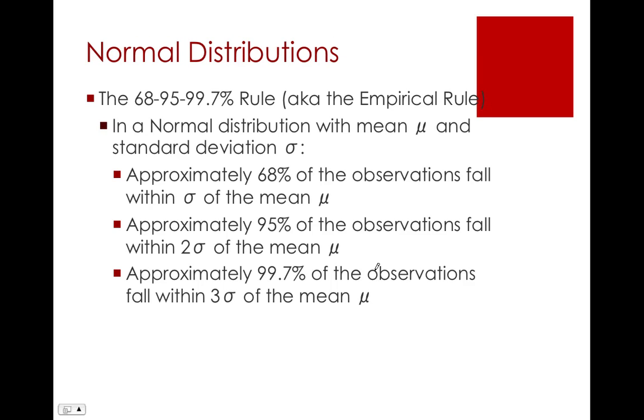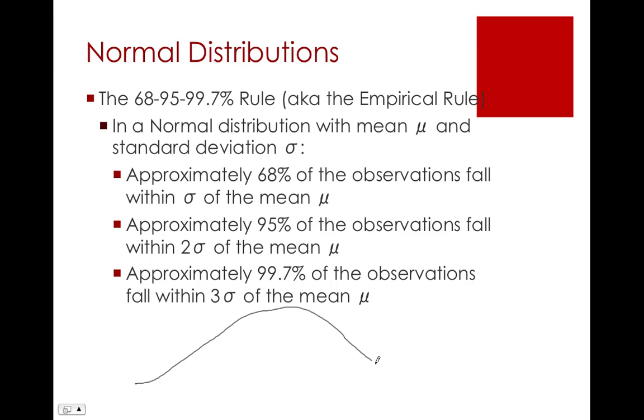Now that we've talked about the mean and standard deviation of a normal curve, I have another really important property to share with you. In a normal distribution with a mean, mu, and standard deviation, sigma, I can tell what percent of observations fall within a certain number of standard deviations of the mean. So let me draw a picture for you.